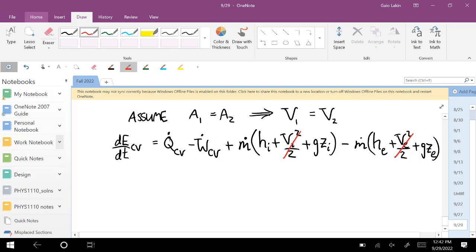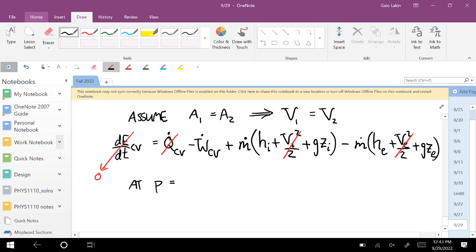We're going to assume that there's no heat transfer. It's steady state, so there's no rate of change of energy. We can find that mass flow rate because we know at atmospheric pressure what the density of water is.